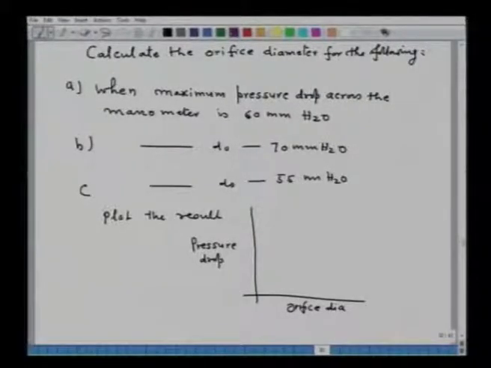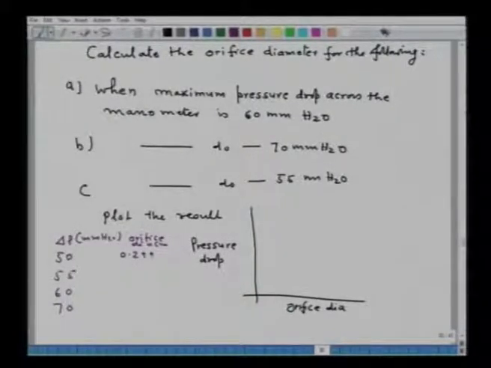My calculations yielded, say, delta P of 50 millimeter, 55 millimeter, 60 millimeter and 70 millimeter water. Orifice diameter in meter: for 50 millimeter we have already calculated 0.299, for 55 it is 0.293, please calculate it, and then 0.287 and 0.279. So I expect some sort of a non-linear relationship.